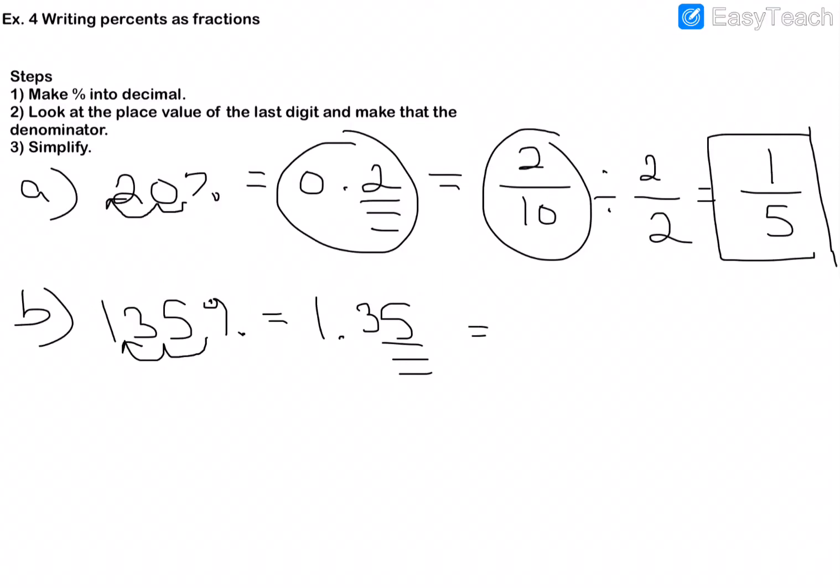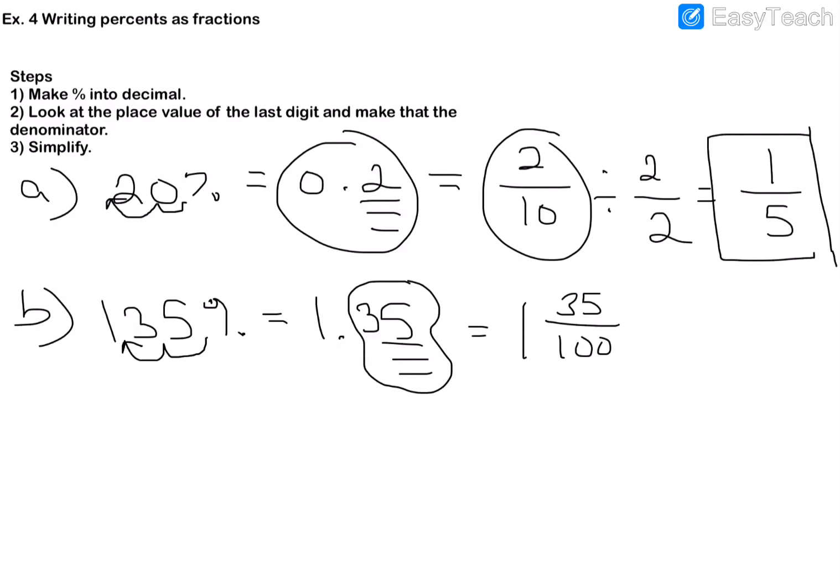So this is going to be a mixed number because I'm going to have my whole 1, and then if I'm looking at the decimal part, the 5 is in the hundredths place. So my denominator is going to be 100. My numerator is going to be 35. 35 over 100. You would read this part as 35 hundredths.